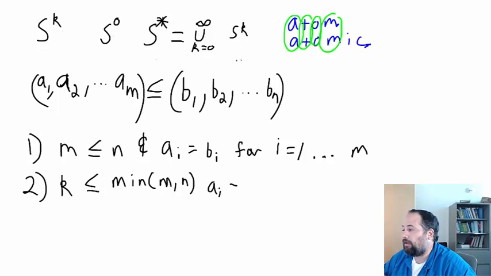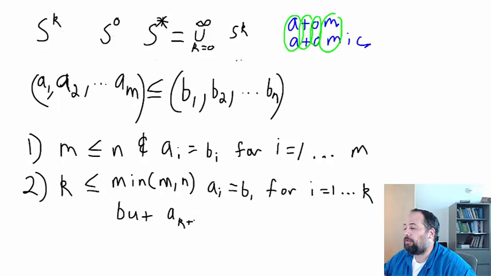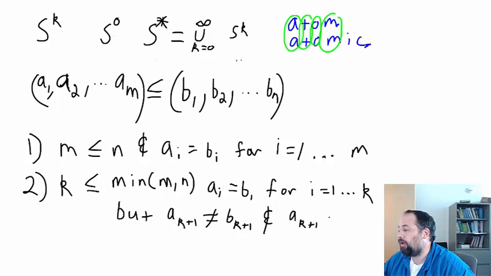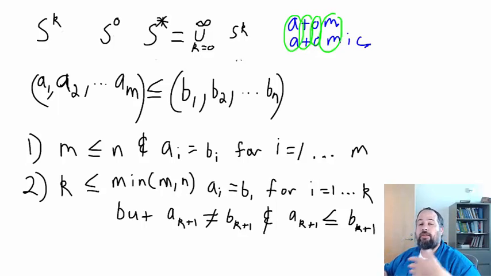And A sub I equals B sub I for I equals 1 all the way up to k. But A sub k plus 1 does not equal B sub k plus 1, and A sub k plus 1 is before B sub k plus 1 in the ordering of our set S.